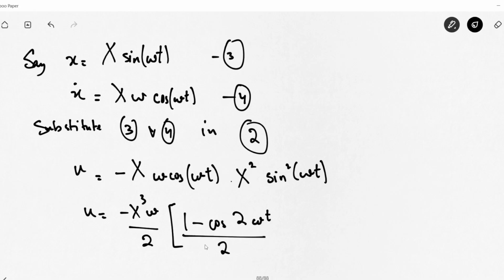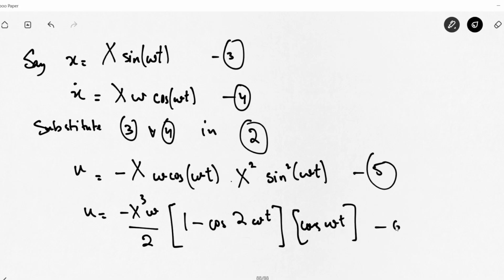This is our sine square omega t that we have broken down into 1 minus cos 2 omega t divided by 2. That 2 we have already taken outside, into cos of omega t. This is equation number 6.